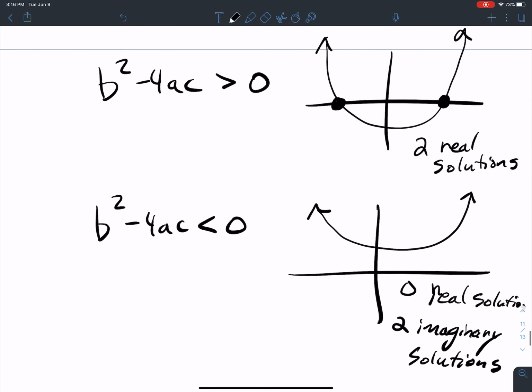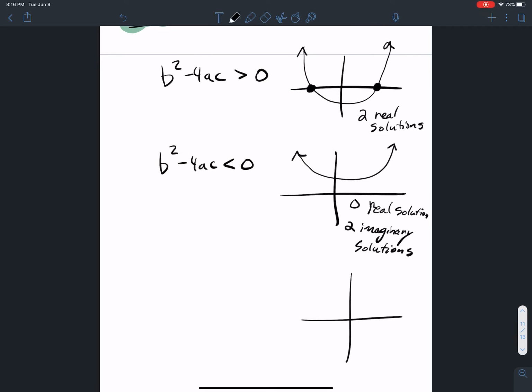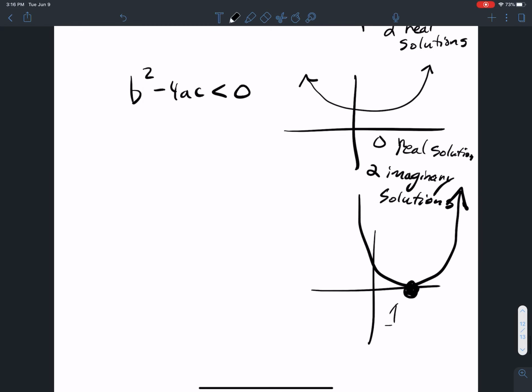So there's one more scenario, and can you think about what that might be? You can either have 2, you can have none, or you could have exactly one solution. So the other scenario is where we have exactly one real solution. How would this be the case?